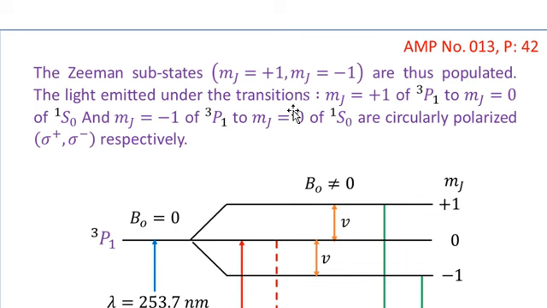The light emitted under the transition from Mj equal to +1 of the 3p1 level to Mj equal to 0 of the ground level, and then from Mj equal to -1 level of 3p1 to the Mj equal to 0 level of 1s0, are circularly polarized lights represented respectively by sigma plus and sigma minus.